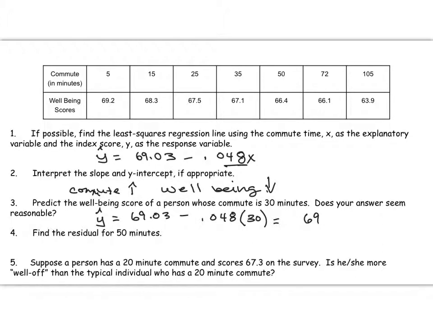Does that seem reasonable? Sure, why not? It's between 67.5 and 67.1, the two values that we actually observed. And remember, this is just a predicted value.